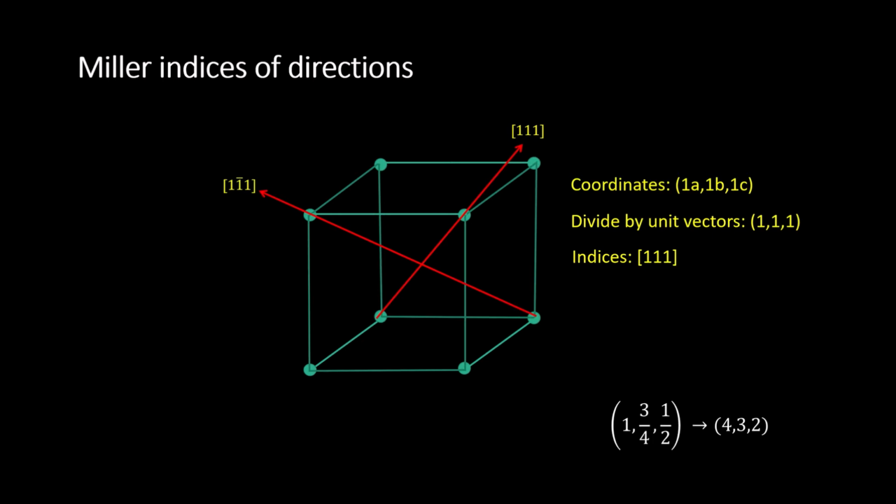I hope you can easily understand how to get these indices for this particular direction, because this is oriented along the negative y direction. Then this particular one is called [1-bar 1 1] because it is along the negative x direction. It actually starts not at the origin but one unit shifted along the x axis.